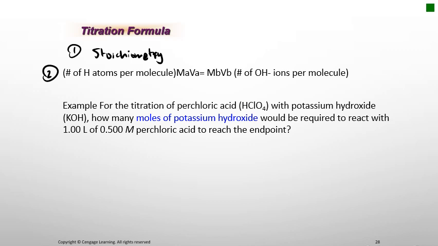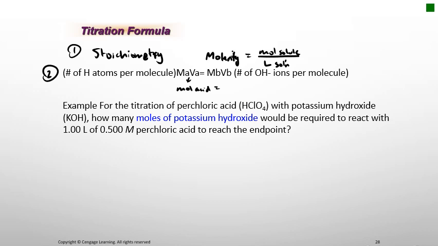The reason we can do this is, if you recall our formula for molarity, we had molarity equaling the moles of solute divided by the liters of the solution. So when we look at this problem, the molarity times the volume, this is going to be equal to the moles of acid.